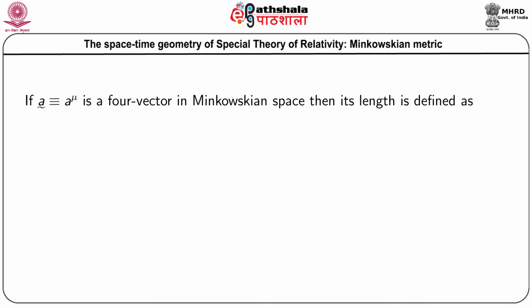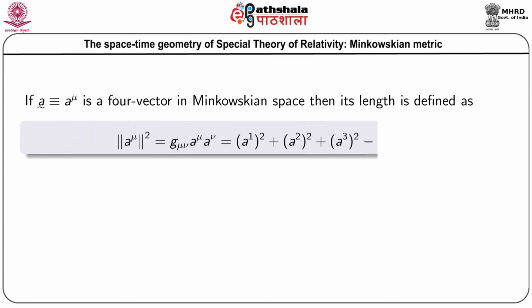Now, if a^μ are the components of a 4-vector in Minkowskian space, then its length will be defined as g_μν a^μ a^ν, and it will have this expression: a1² + a2² + a3² - a0².